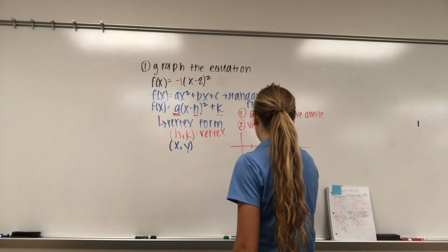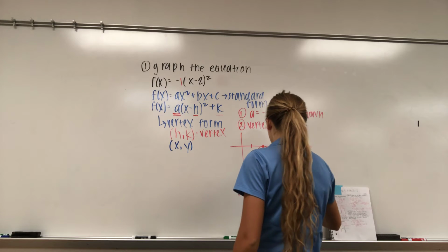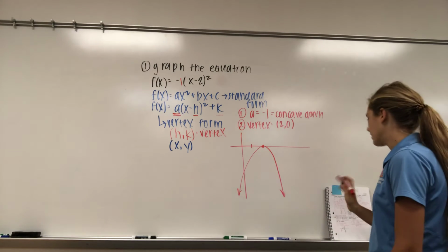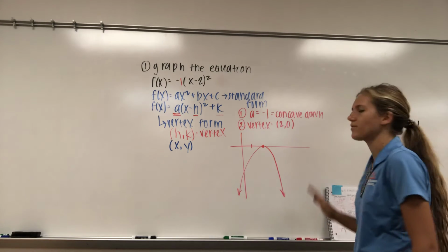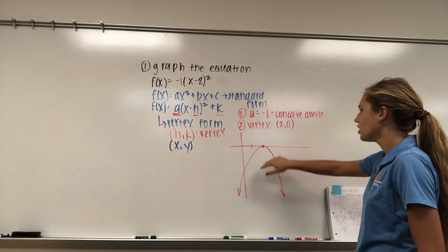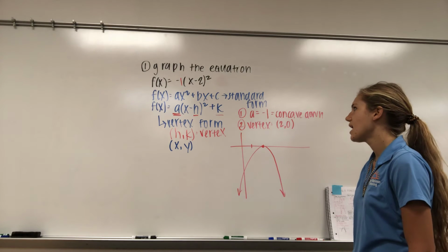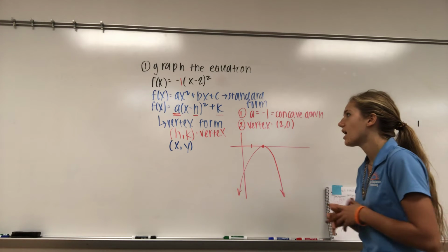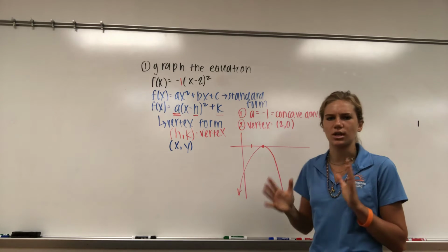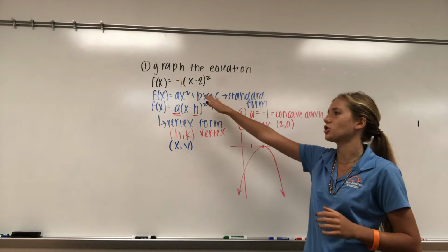So just kind of like estimating. This is going to be about what this graph is going to look like. Again, our vertex is this point here, so I put it on 2, 0 on the xy coordinate plane, and then concave down. And the reason that it's not like stretched super skinny or super wide is because, like I said before, this term is going to be 1.